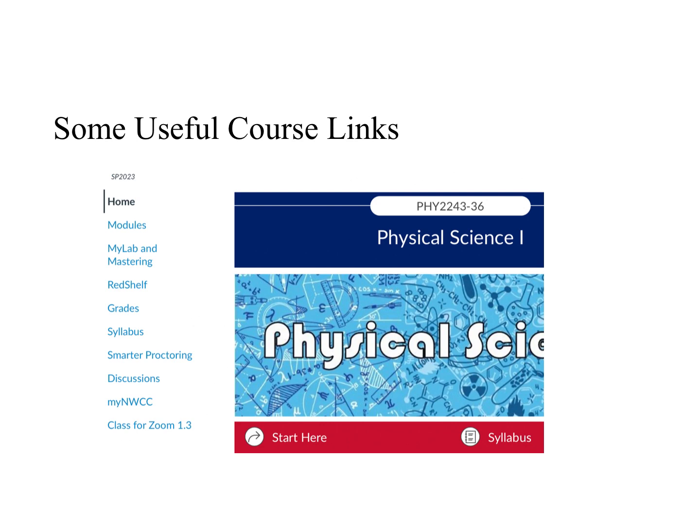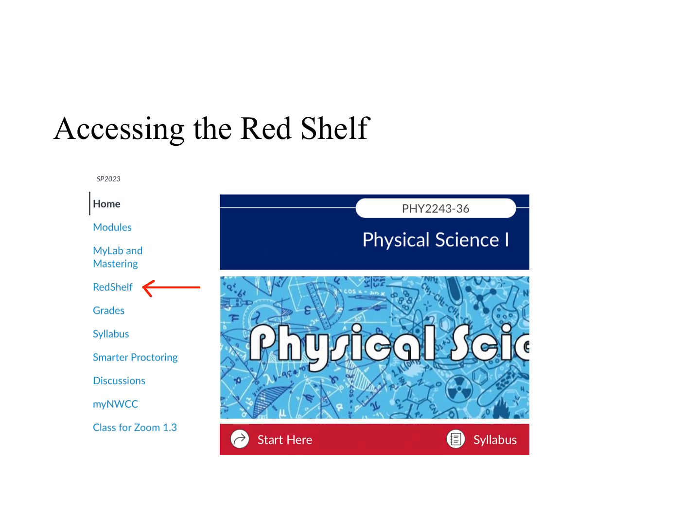Now I want to go back and talk about the Red Shelf, because that is next to the modules. That's the next most important link over here. So right here you can see the link to the Red Shelf, and I want to point out that it contains a couple of important things. The first thing that it contains is an access code that will let you use the MyLab and Mastering homework system.